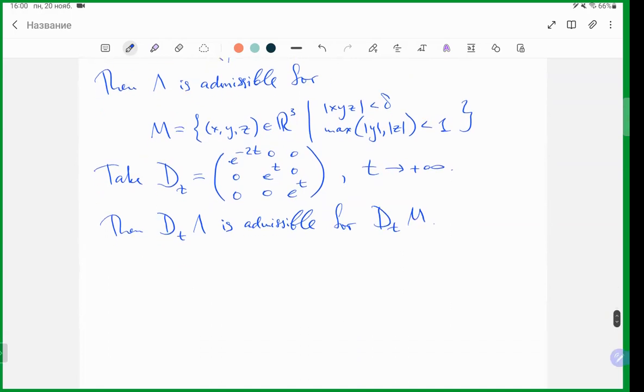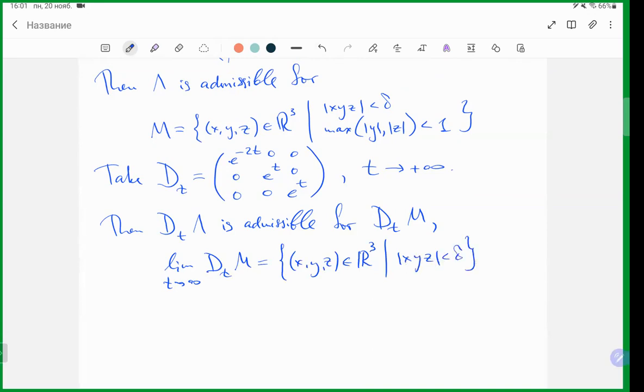And the limit set as t tends to infinity of D_t M is clearly simply the set of points x, y, z in R3 such that simply the product of x, y, z is bounded by delta. That's it.